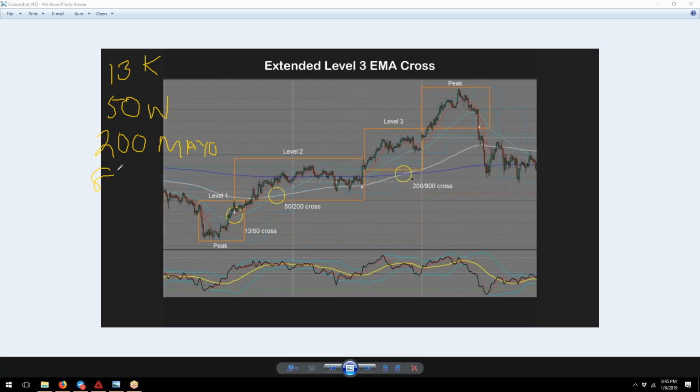The 800, which is this navy blue, dark purple, we'll just name that the blueberry. Very seldom do I use that blueberry. I probably just use it for take profit, but that'll be your blueberry. Okay. The 13 is the ketchup, the 50 is the water, the 200 is the mayo, the 800 is the blueberry.